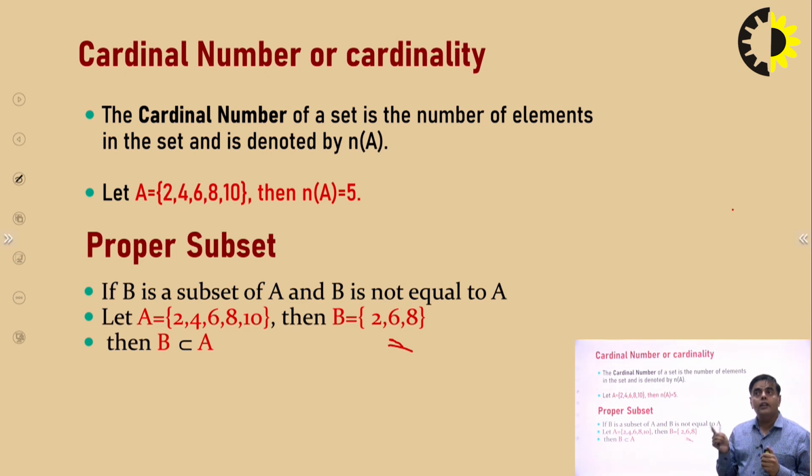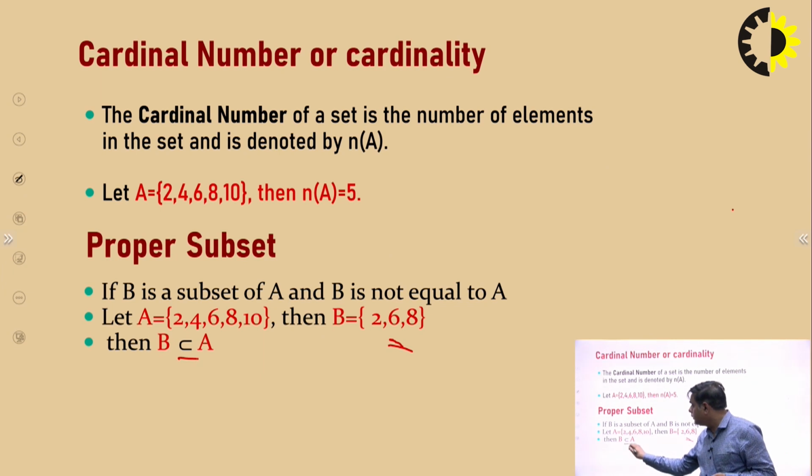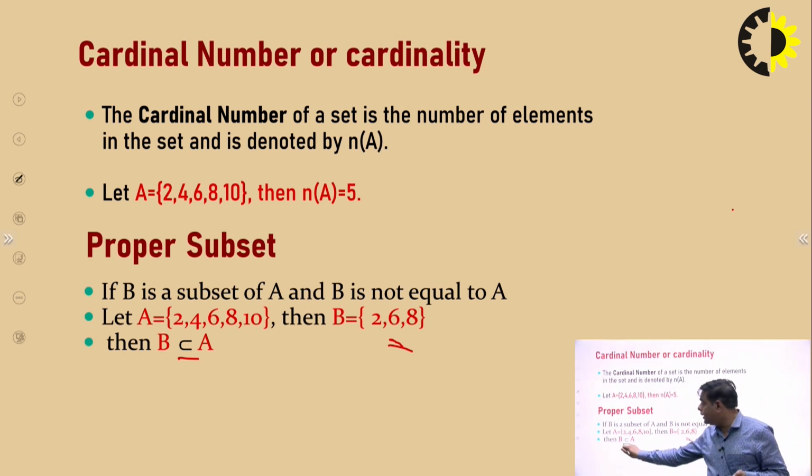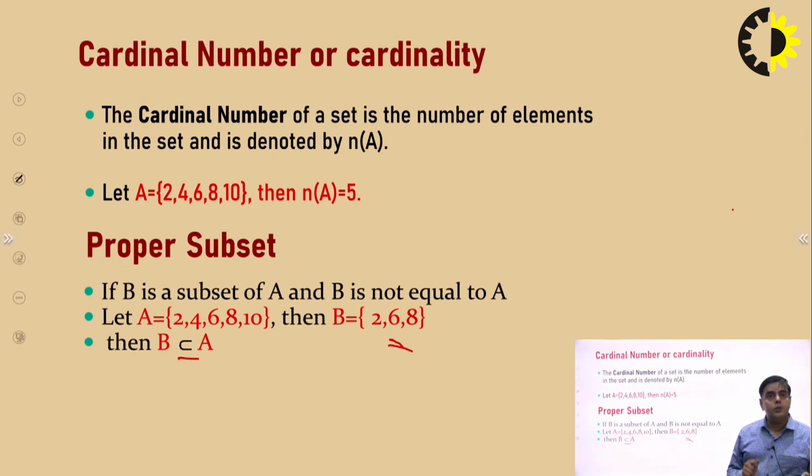For example, set A contains 1, 2, 3, 4, 5, and I have made a set C which contains 1, 2, 3, 4, 5. Only this type of condition cannot be held by the proper subset. Otherwise, it is a very hairline difference between proper subset and subset. So we can say B is a subset of A. In the case of a proper subset, B cannot be equal to A, but in the case of subset, it is possible.